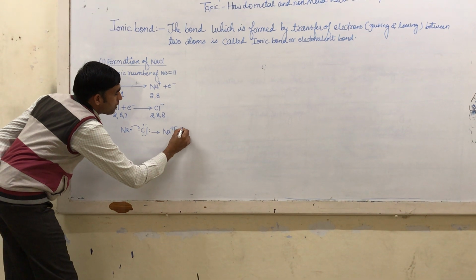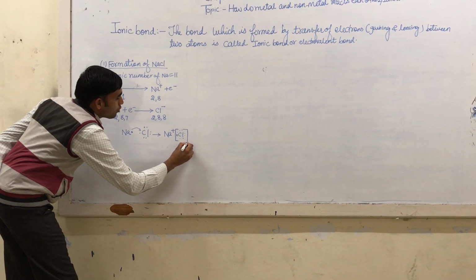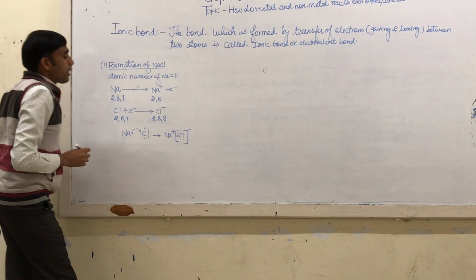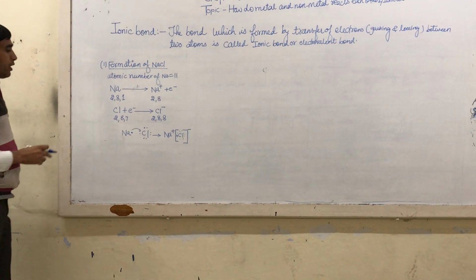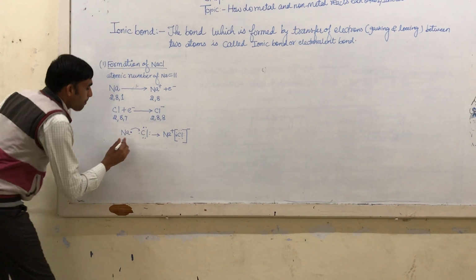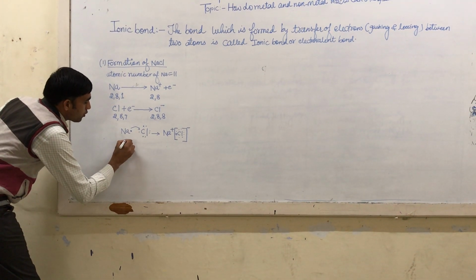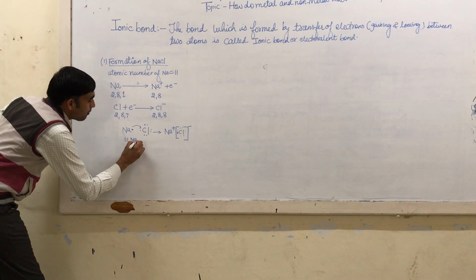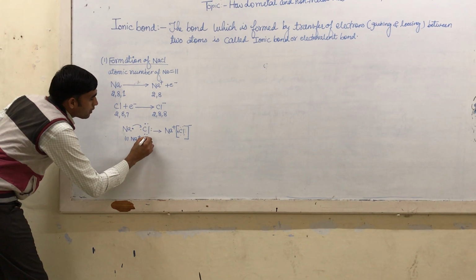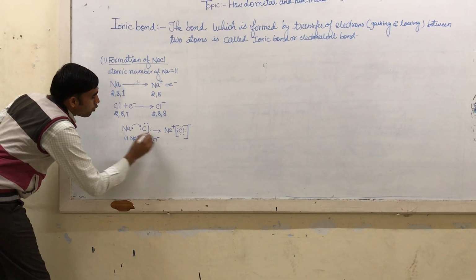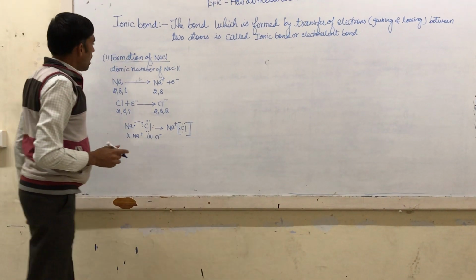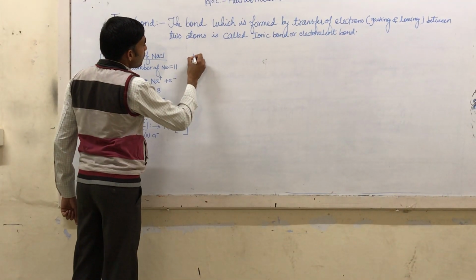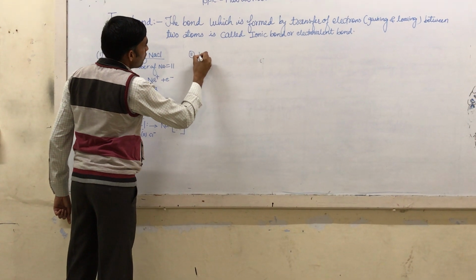This is the electron that is transferred from sodium, and we get Cl minus. Here the ions present are sodium ion, Na plus, the cation, and Cl minus, the chloride ion, the anion.